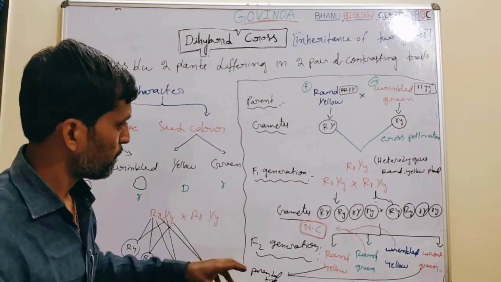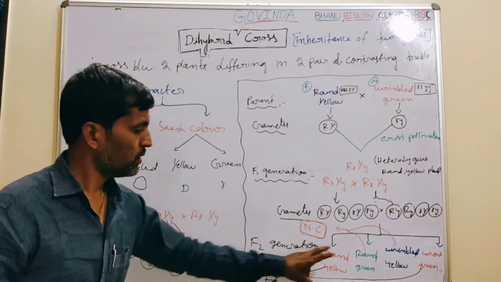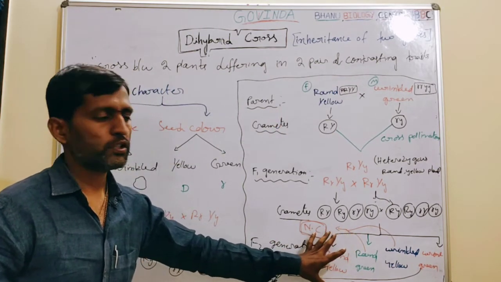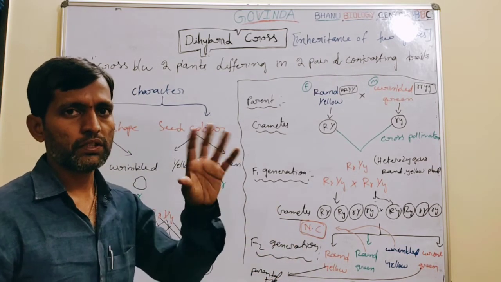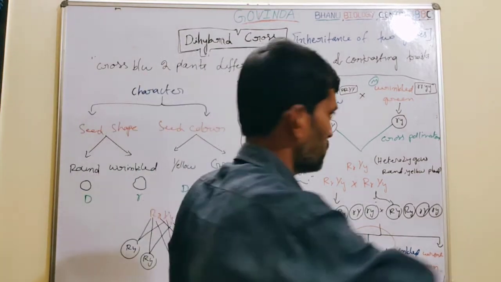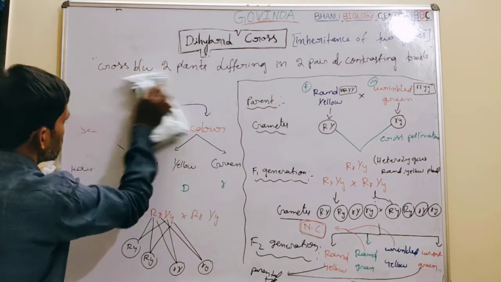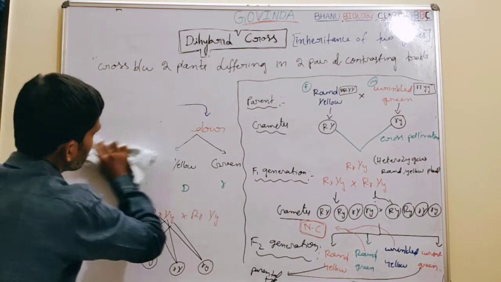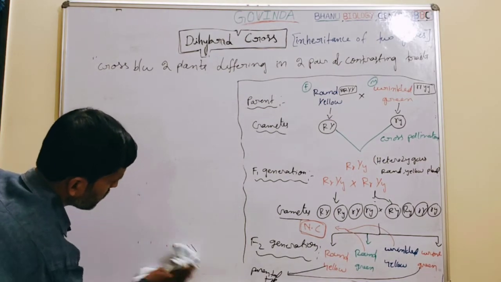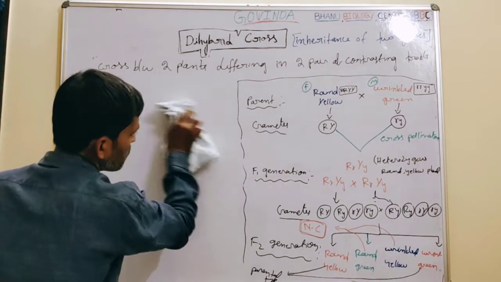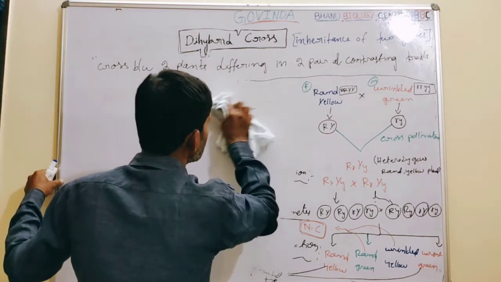So let us see the receiving of the 4 varieties of combinations in the F2 generation diagrammatically, that is with the help of the Punnett square. So now I erase this one. So I draw the Punnett square this side. It is very simple. So let me erase a little of this portion.